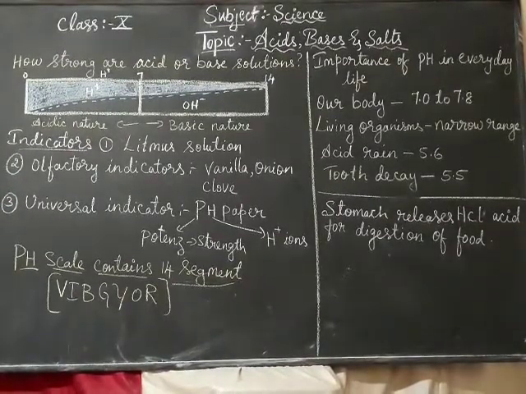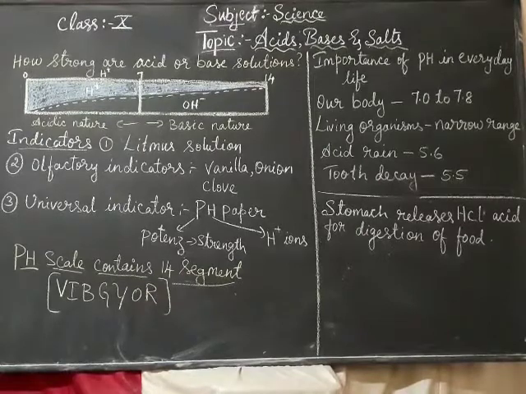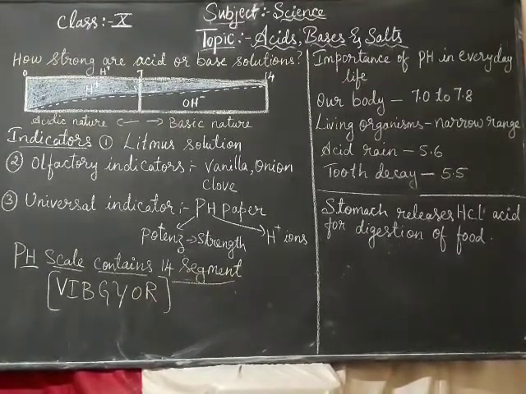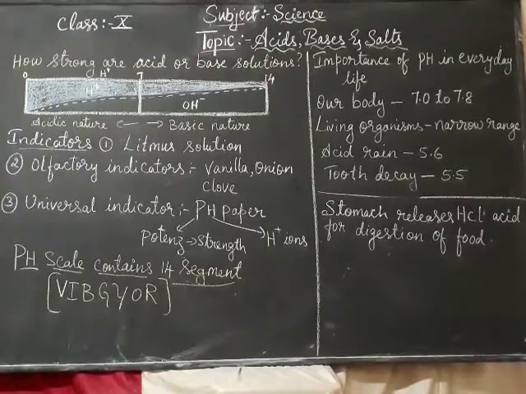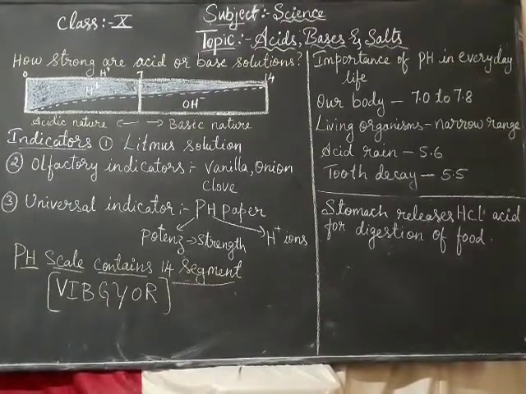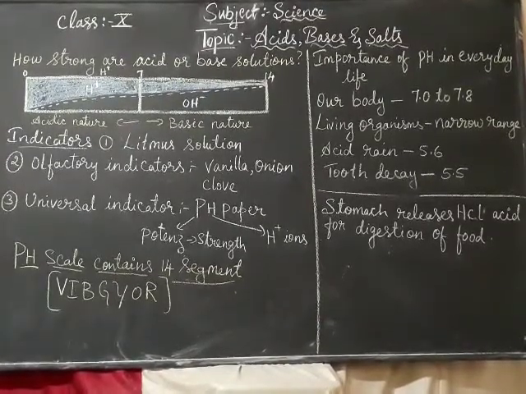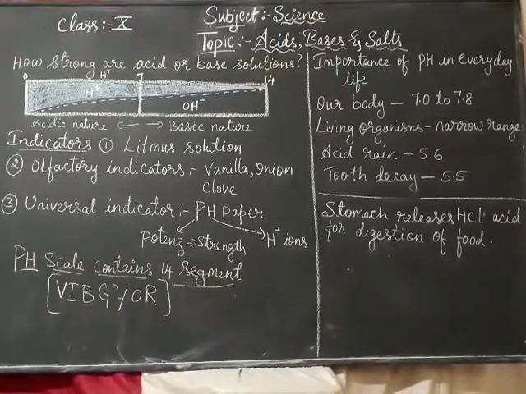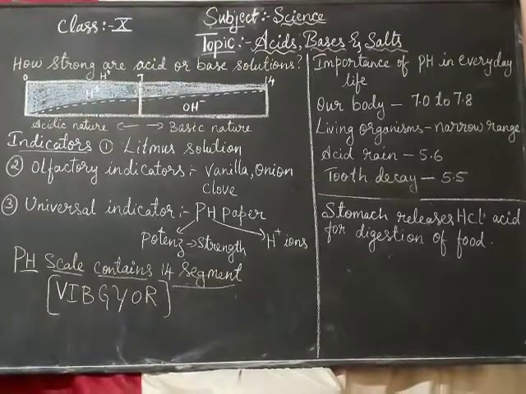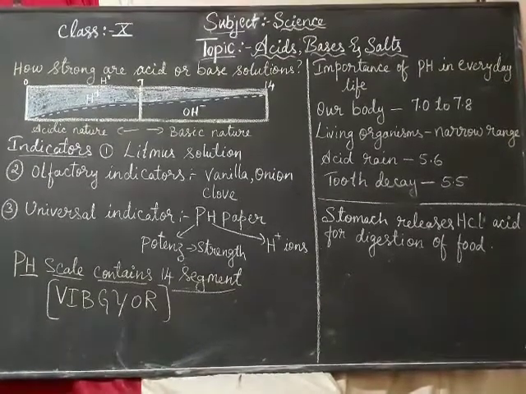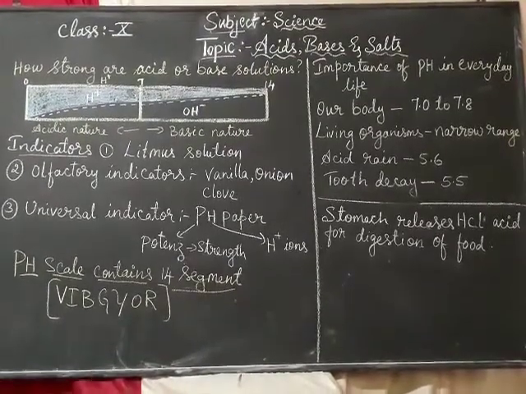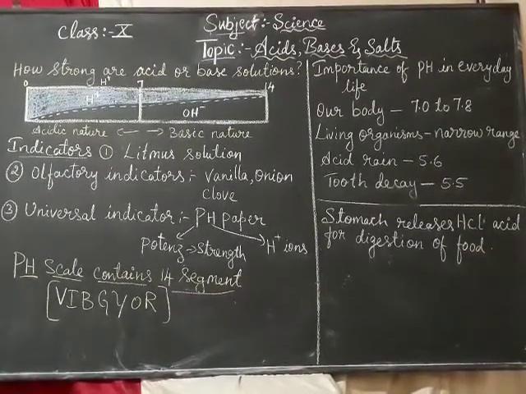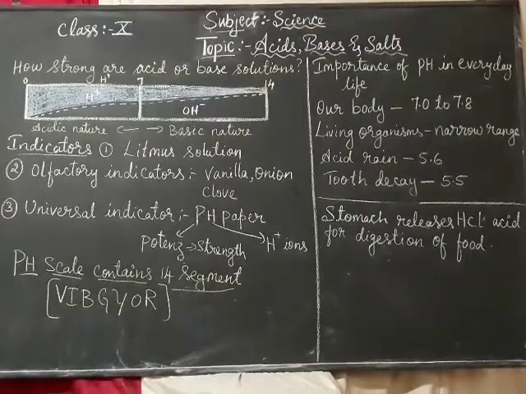Why? Because the honeybee sting contains acid. Similarly, even nettle leaves, the thorny leaves you have seen, contain methanoic acid that causes burning pain. Understood? This is how pH works in our daily life. If we know what is happening inside, then we can give the treatment for that.